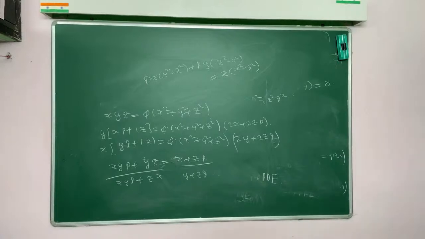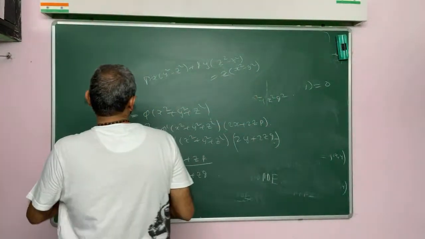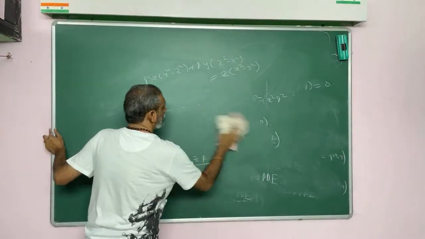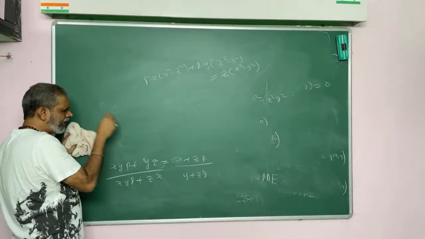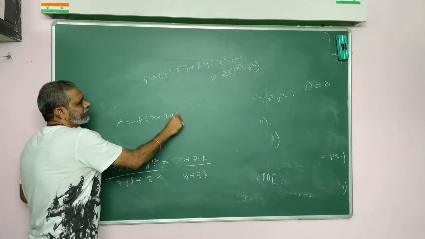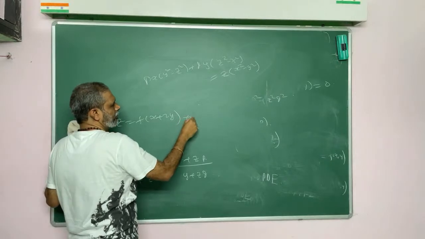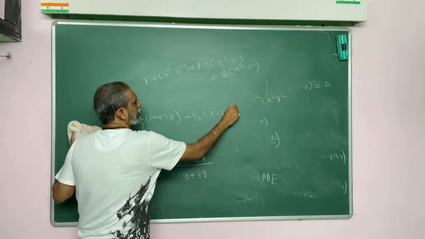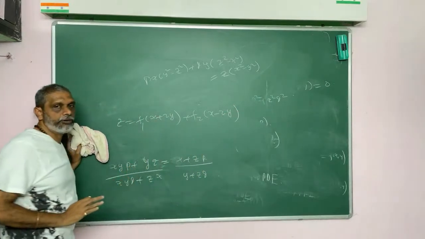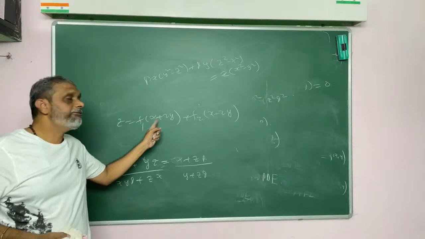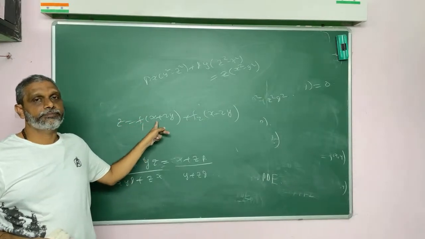Similarly, the next type is removing two functions. Now I don't want to teach it now. They may give z is equal to f1 of x plus 2y plus f2 of x minus 2y. These two problems I don't want to teach you now. Once I complete the homogeneous, from the CF I will tell you how to attack this question.